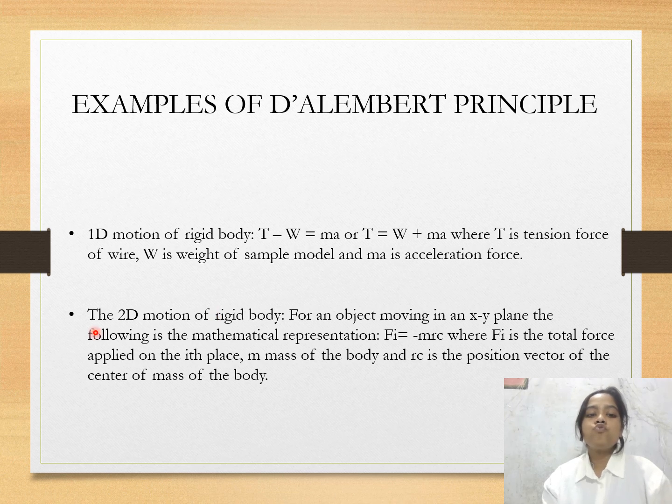And if it is a 2D motion, like many solids such as cubes, then for an object moving in the xy plane, the mathematical representation is Fi equals m rc double dot, where Fi is the total force applied on the ith particle, m is the mass of the body, and rc is the position vector of the center of mass of the body.